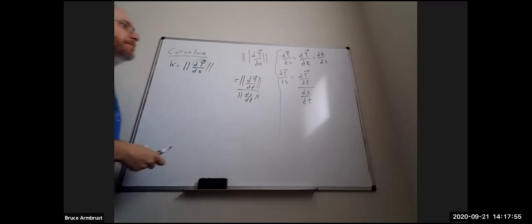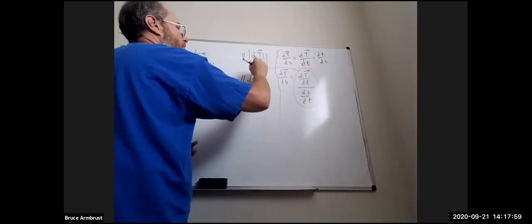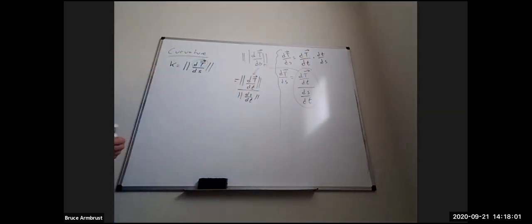So literally, I'm just replacing this. Okay, so this is getting good. It's getting back in terms of t, but we need to get rid of that ds/dt, specifically its magnitude.